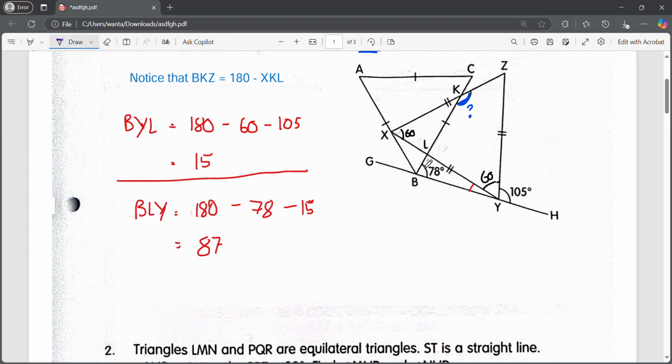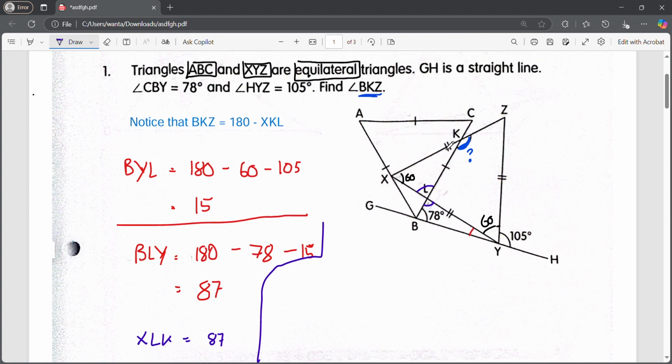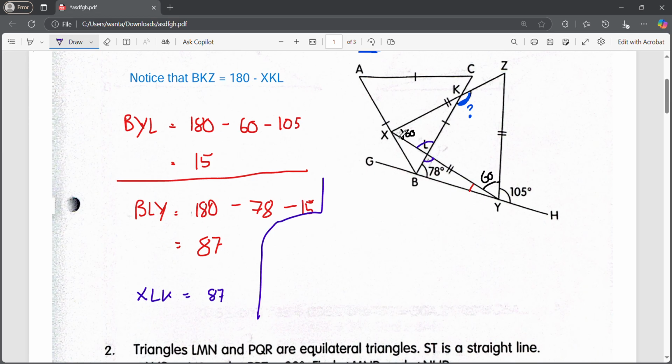Now how does that help us? Well, since BLY is 87, the opposite angle will also be 87. XLK is 87 because of opposite angle properties. Now see, we're getting closer and closer to the angle we're trying to find, which is XKL, which will help us find BKZ. Well, what else do we know? Since this is a triangle, with 60, and we got the XLK, which is 87, we can find XKL now.